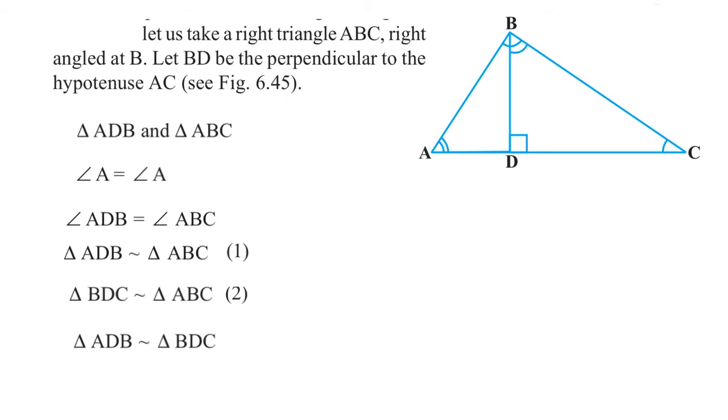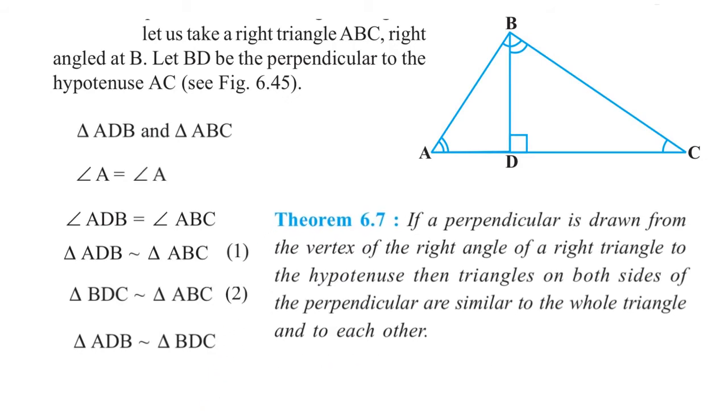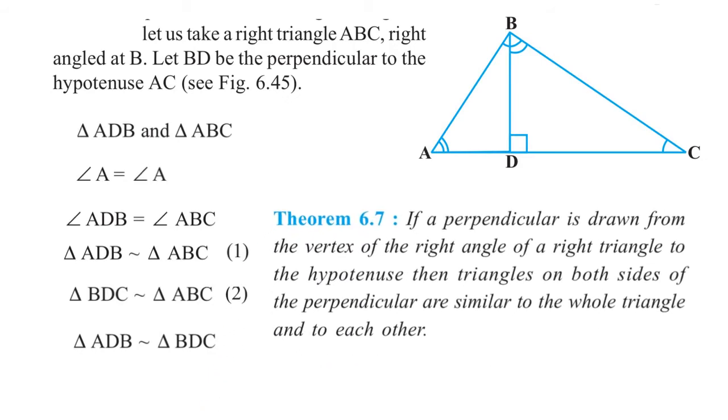So we can come up with a theorem over here. And that is, if a perpendicular is drawn from the vertex of a right angle of a right triangle to the hypotenuse, then triangles on both sides of the perpendicular are similar to the whole triangle and to each other.